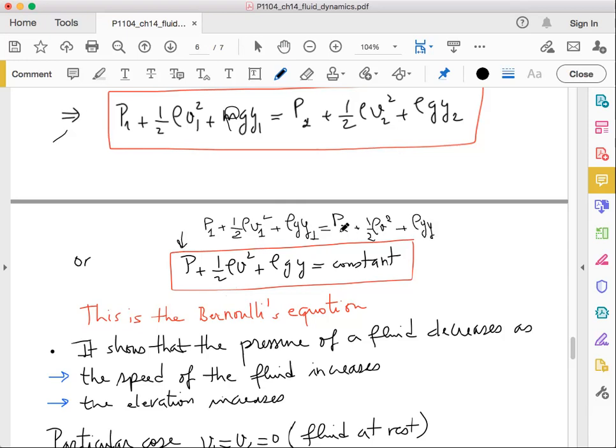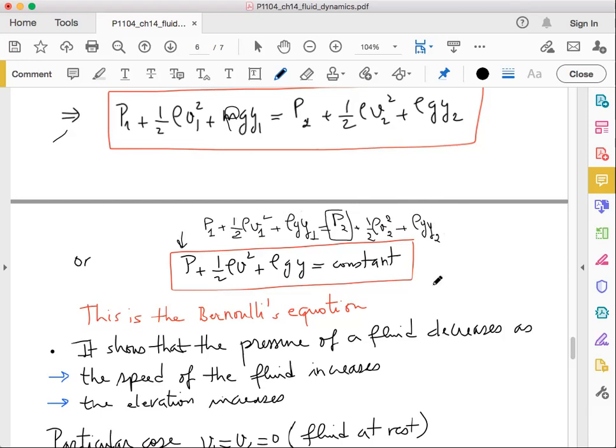And so we end up with P2 plus half rho V2 squared plus rho GY2. So these two quantities should be equal, which means that if at point 2 the pressure has changed, then as well V2 or Y2 will be changing in the opposite direction, such that this sum remains the same, just like it was at point 1.